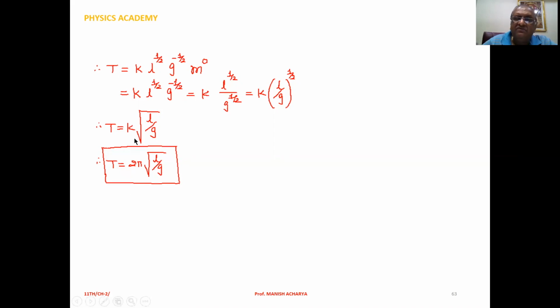Now at present we know that this dimensionless proportionality constant is 2 pi. So finally we can write the equation for the period of a simple pendulum: T equal to 2 pi root L by g. Clear to all of you?